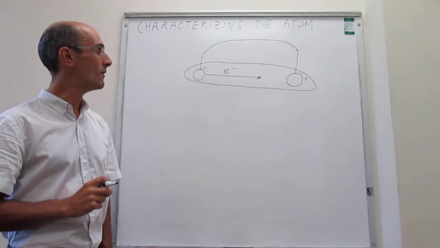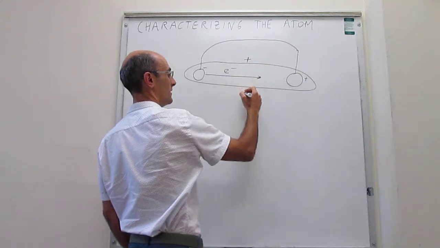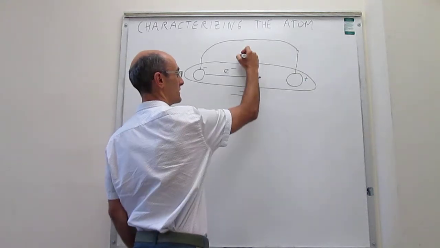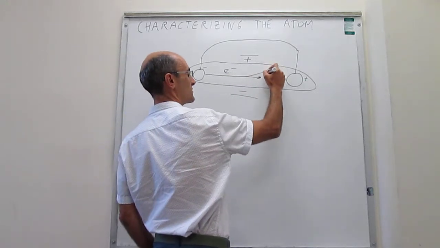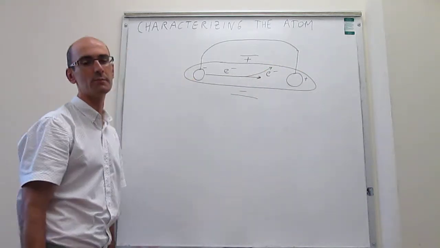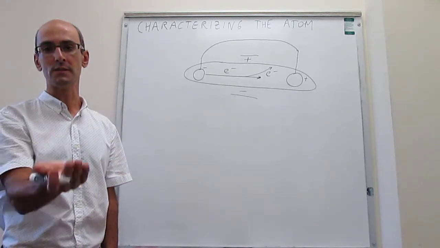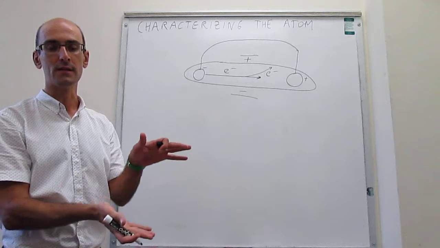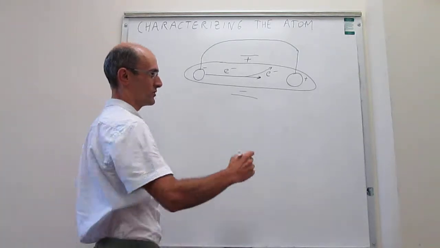Something interesting that Thomson also did is apply an electric field. Put two plates, one positive and one negative, and you're going to observe some deflection of this negatively charged beam of particles. With those deflection experiments, measuring the angles according to the field that you're applying, you can come up with a mass to charge ratio.